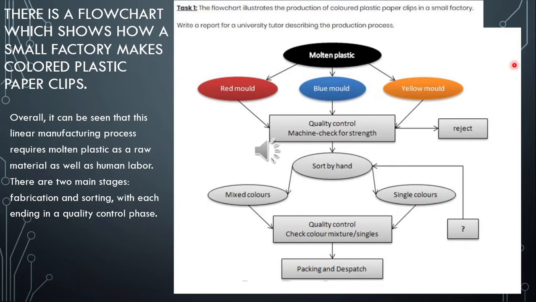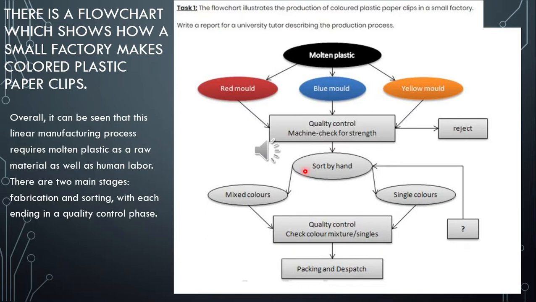Now, the most important part of any task 1 is the overview. Okay? Begin it with "overall." "It can be seen," a nice little bit of passive in there, "that this linear manufacturing process, man-made, requires molten plastic as a raw material, as well as human labor." Full stop. Oh, what's coming in? Molten plastic, but let's not forget this. Yeah? Maybe that's what this question mark is here. The human factor. By hand, not by machine.